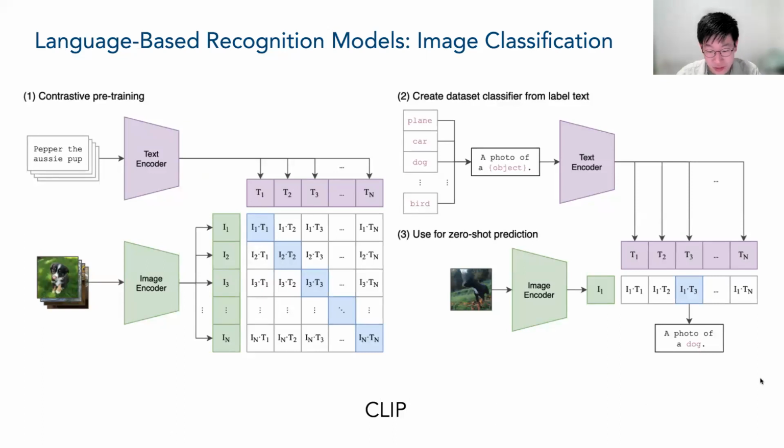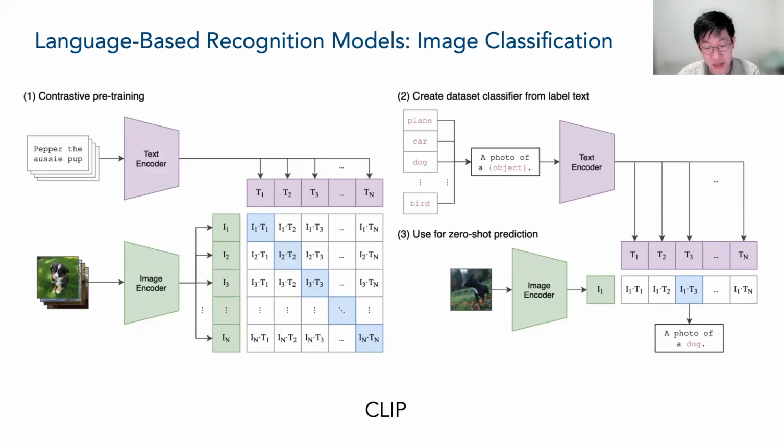In recent years, there's a class of models, which we call language-based recognition models, that has been showing very strong performance on many core computer vision tasks. The most famous model is from OpenAI, which shows that if you have access to a lot of images paired with text, you can train a very strong image classifier by training your model to align images with their corresponding captions.